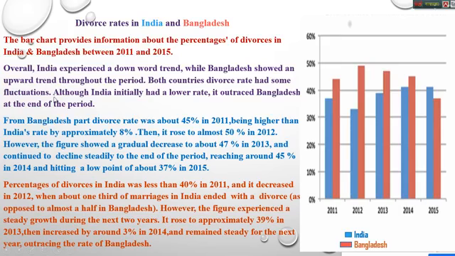Of course, there are some fluctuations; it increases and decreases, and again it goes. In Bangladesh also you see the increase and decrease, and finally it falls. So although India initially had a lower rate, it overtook Bangladesh at the end of the period.